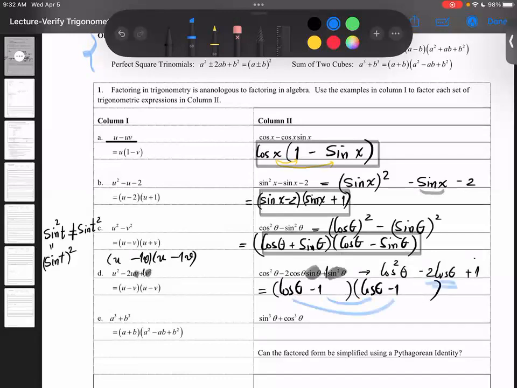So it checks, right? All you have to do now is plug in sine back and then you're done. You can check by FOILing it back. I'm not going to do it here, I don't have time, but you can do it at home.